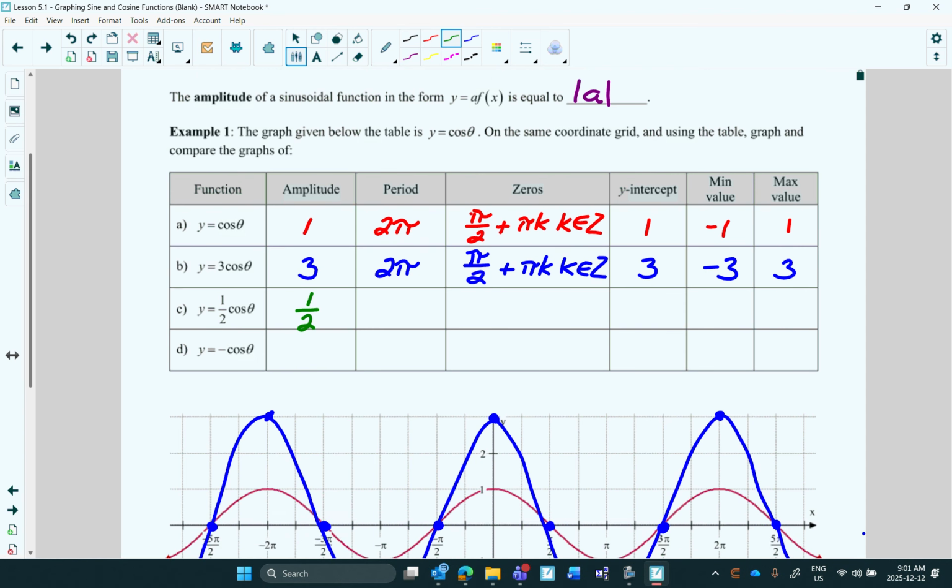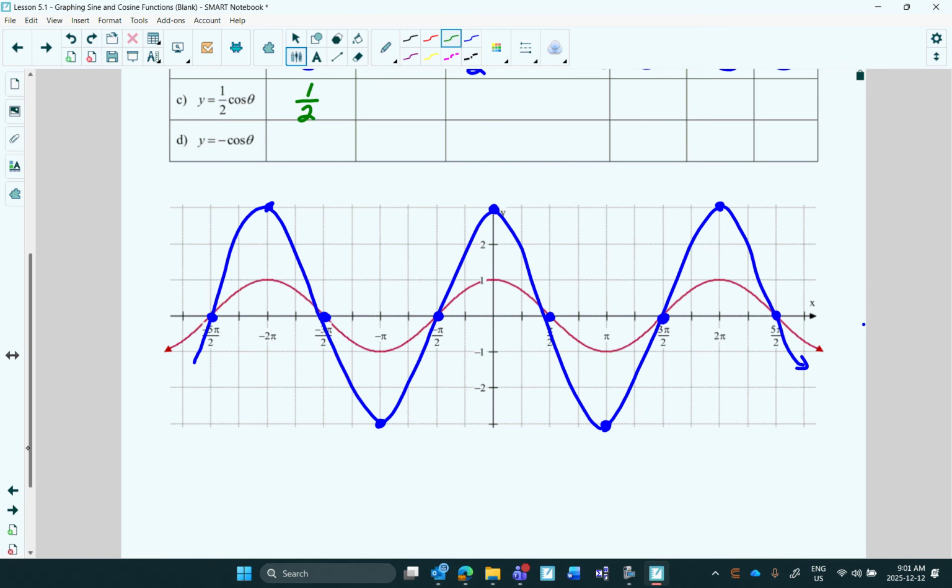And we can see this is what happens. So if I look at the original one, it goes up to 1, but half of 1 only gets me there. Half of 1 only gets me there.